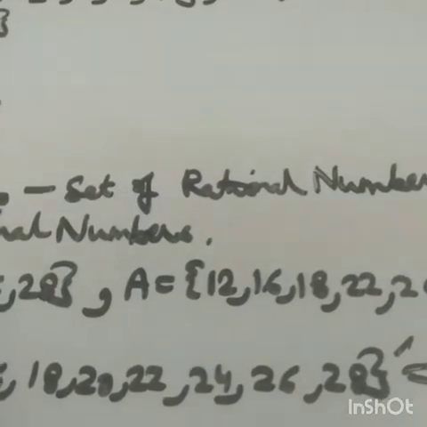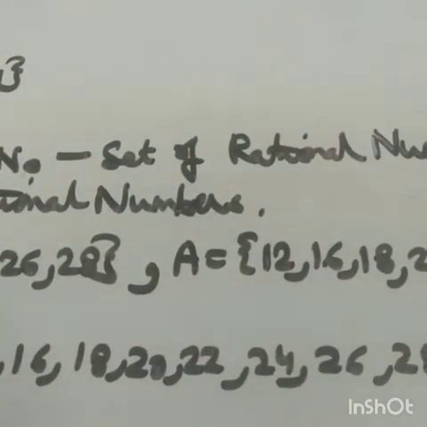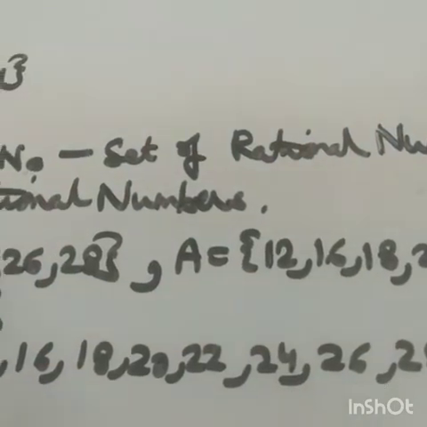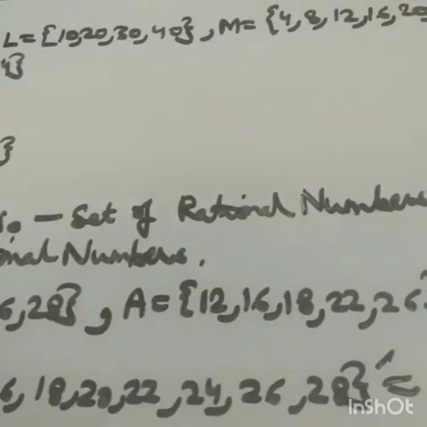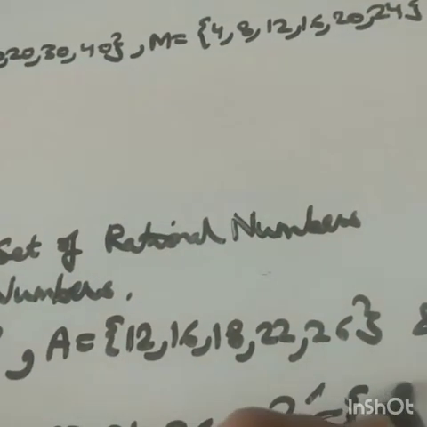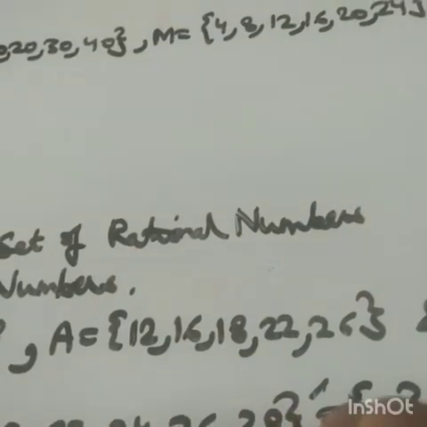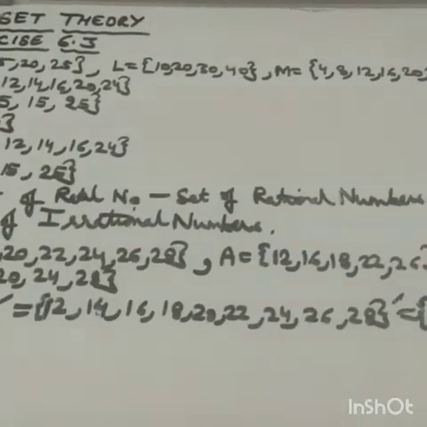I hope it is clear. Please do that correction. It was copied wrongly. It happens sometimes. So complement is simply the null set or phi. Are you getting this?